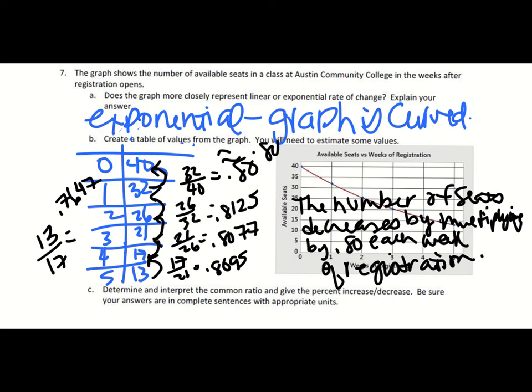So that's my sentence describing my graph.